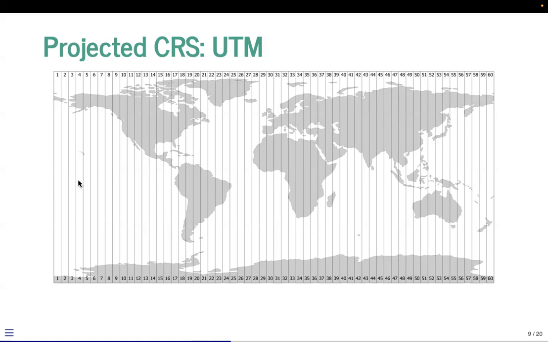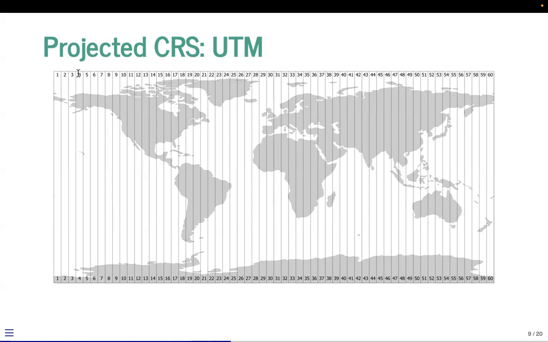Instead of just using the equator as the main point source and the prime meridian as the main source, now it has a main source region for each one of these divisions. And again, that's what allows it to be more precise.